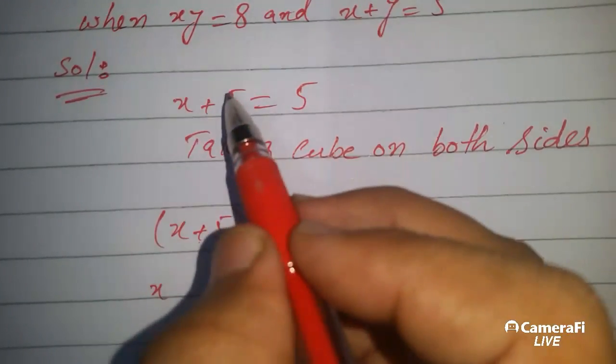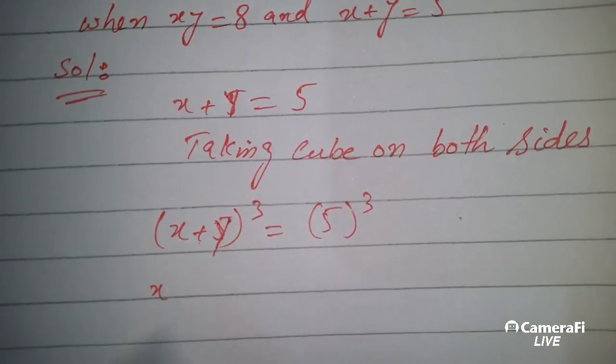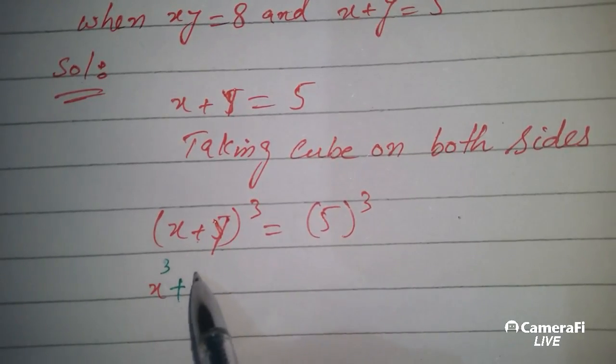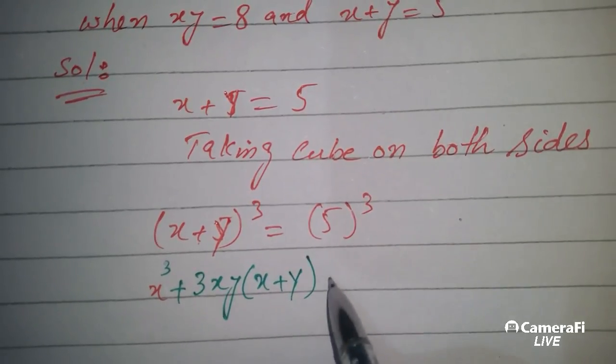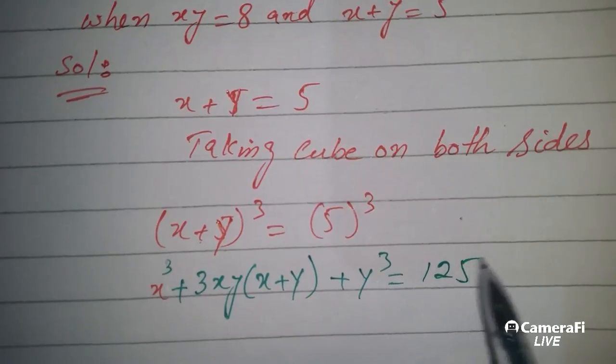It becomes x cube plus 3xy into x plus y plus y cube, and 5 cube is 125.